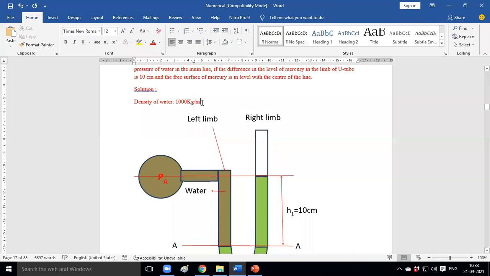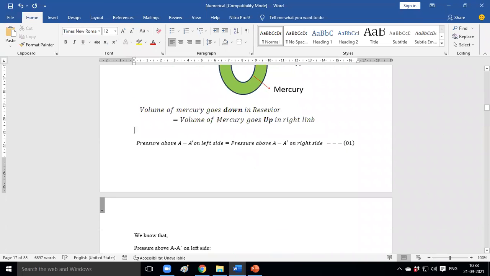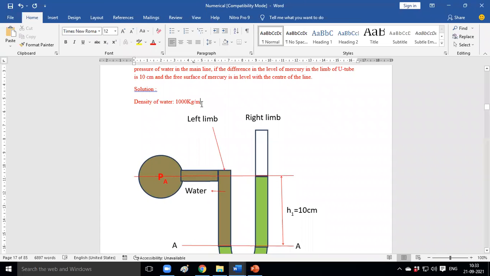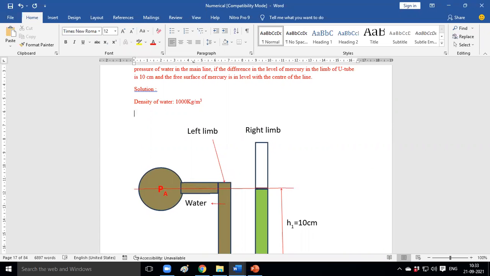As far as water is concerned, its value is 10 to the power 3. And as far as mercury is concerned, it's a different value: the density of mercury is 13,600 kg per meter cube.